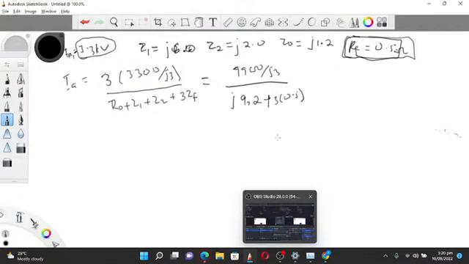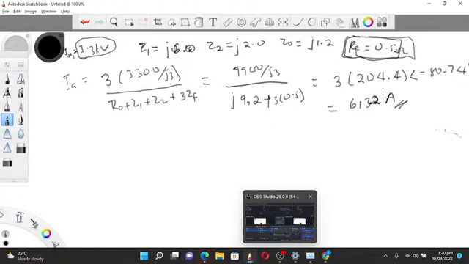Use your calculator and it gives you an angle of negative 80.74 degrees, and a magnitude of 613.2 amperes.